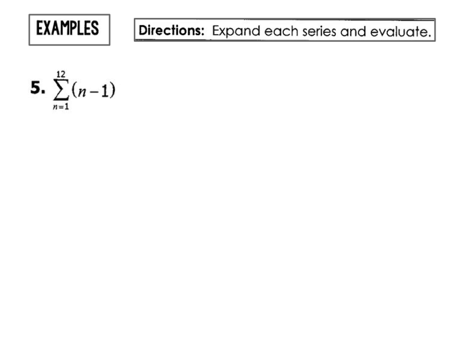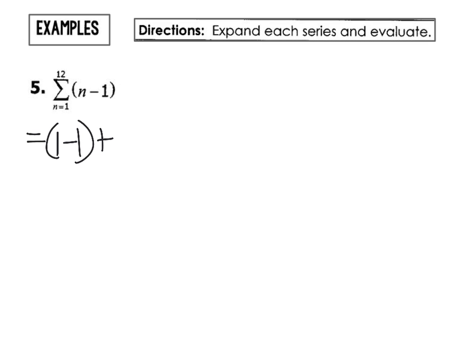All right, so now we want to expand each series and evaluate. When we're expanding, we're taking it in summation notation and we're writing it out. So for example, this one, we're saying the summation of n minus 1 from the first term to the 12th term. So we want to write this out. Our first term is when n equals 1, so 1 minus 1.